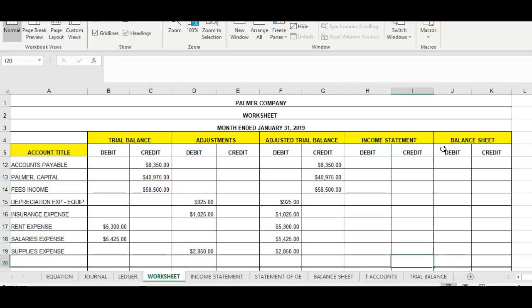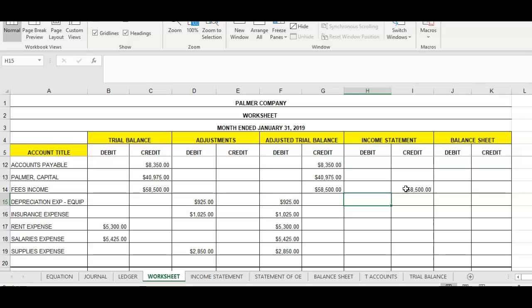So what I want to make sure is that we can see the heading, but also record the information. So what we're going to do now for the income statement, we want to record our revenue and our expense accounts from the adjusted trial balance, bring them over to the income statement section of the worksheet. So for our revenue account, fees income, $58,500 recorded on the credit side.